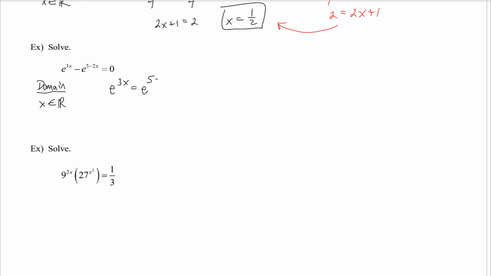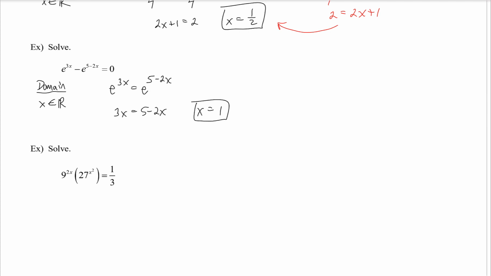Because then that clearly shows us that I have two exponential functions, both base e, equal to each other. So the one-to-one property says that their exponents must be equal. And then we get x equals 1. So again, no big deal. Use our one-to-one property.